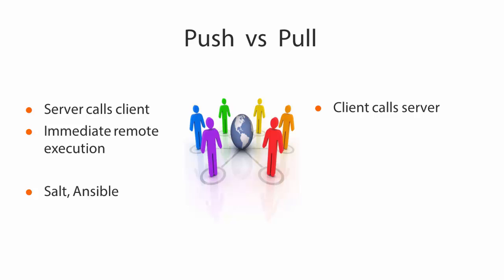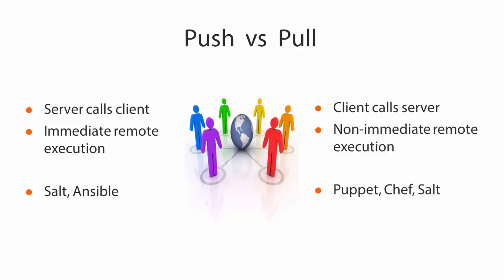In contrast, pull means the client calls the server. If the client calls the server for the configuration file, this file will not be executed immediately from the remote system. Puppet, Chef, and Salt are using this pull.